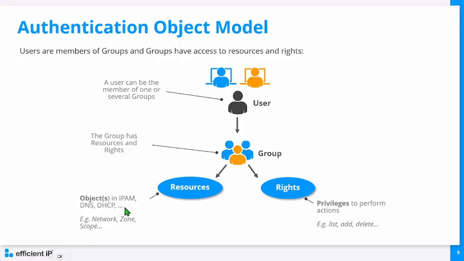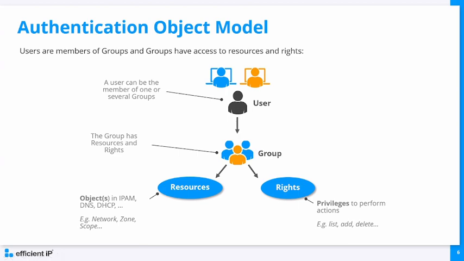See? So you can assign different resources that you want the group to manage, at different hierarchy. Not necessarily an entire object hierarchy. You can just assign any object at different levels. And then you assign the right. The right you can say is the permission. So whether they can delete, whether they can modify, whether they can add. So those are the rights.